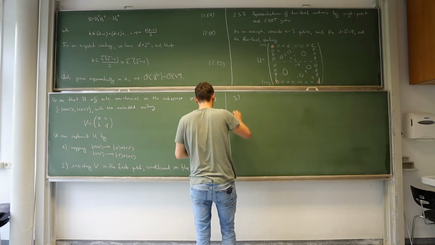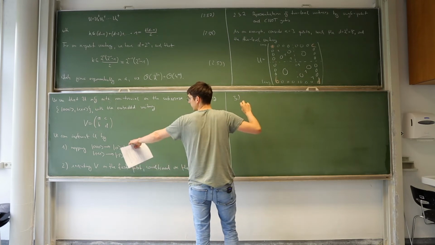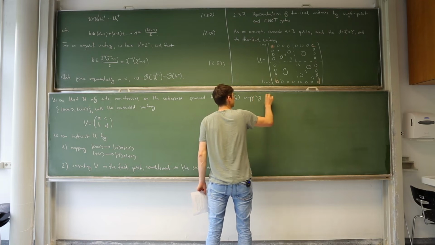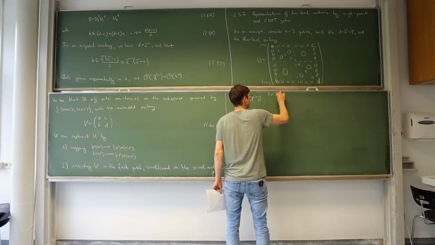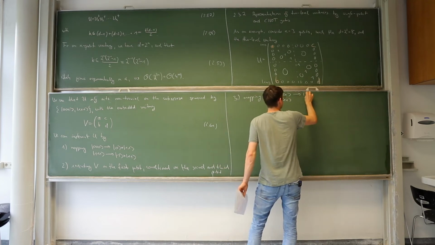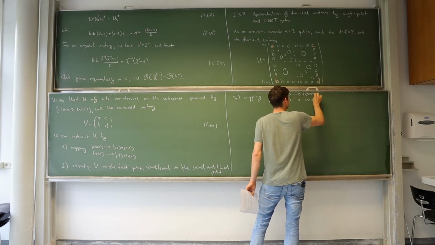And third, map the back transformation: 0, 1, 1 and 1, 1, 1 back to 0, 0, 0 and 1, 1, 1.